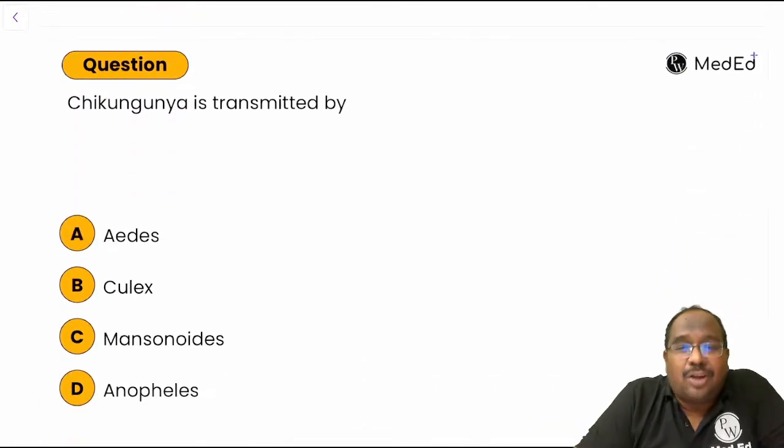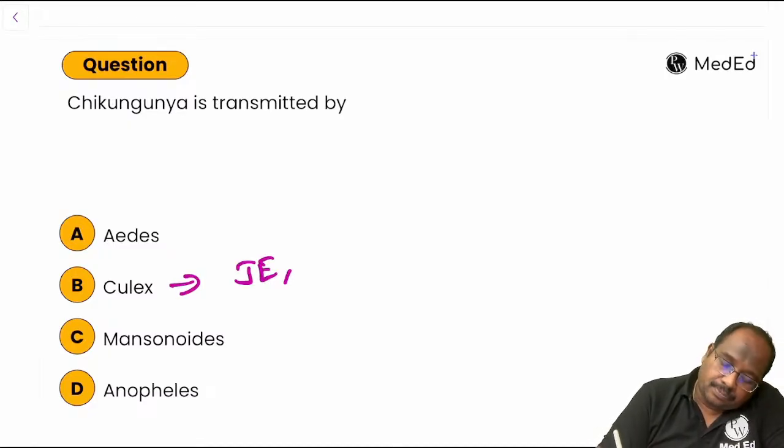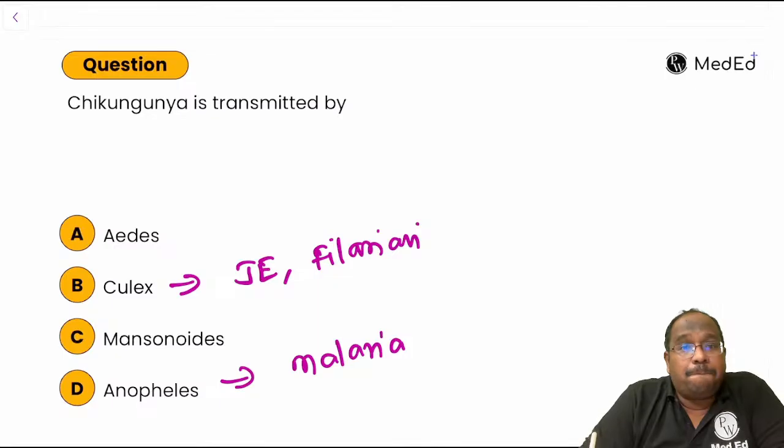Chikungunya is not transmitted by Culex. Culex is what? One is JE. What is the other one? Filariasis. Anopheles is malaria, guys.